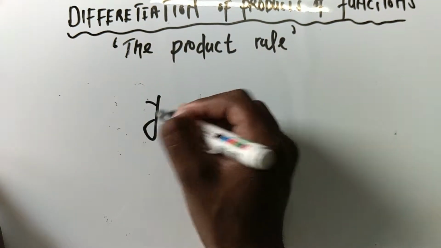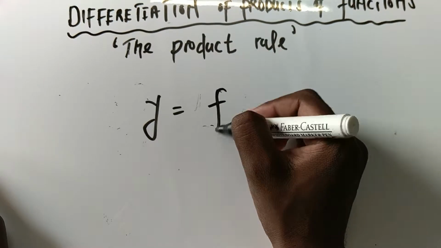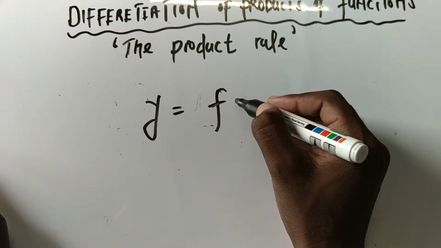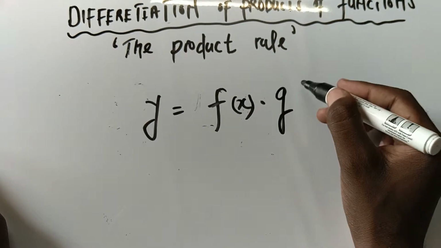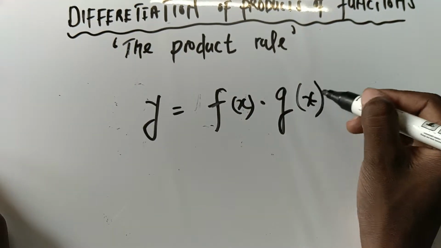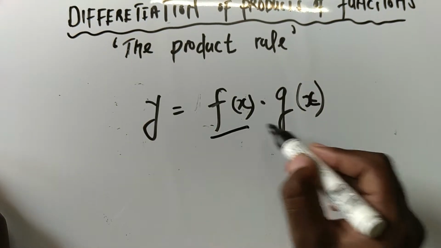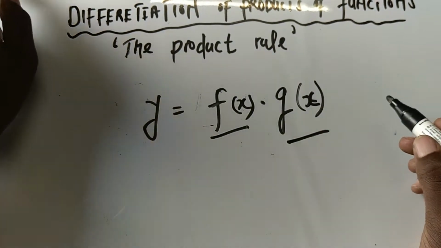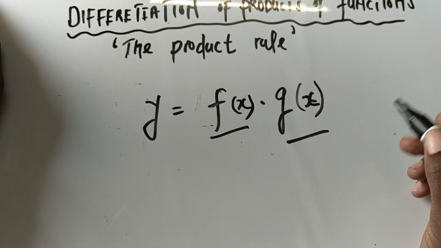Y will be a product of some function multiplied by another function. Both of them are functions of x. So immediately these two conditions are satisfied, then we have to do the product rule.